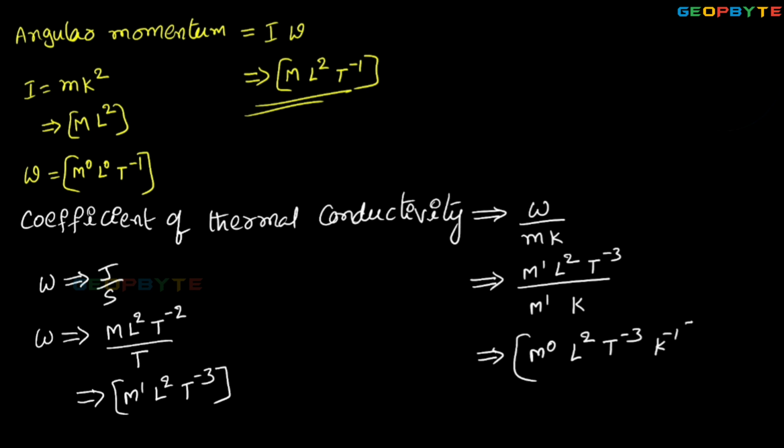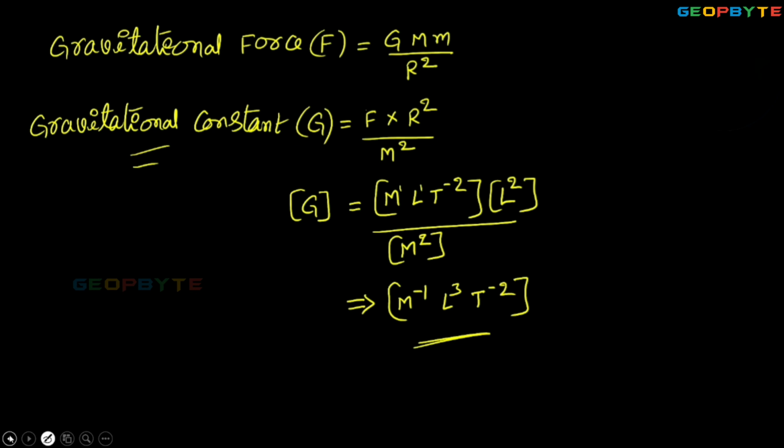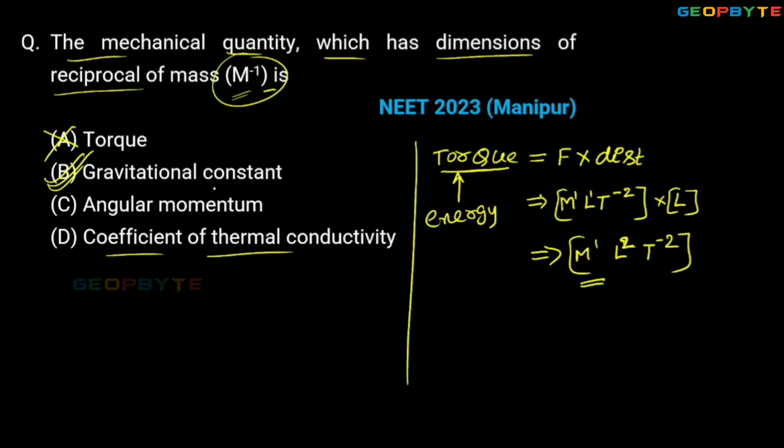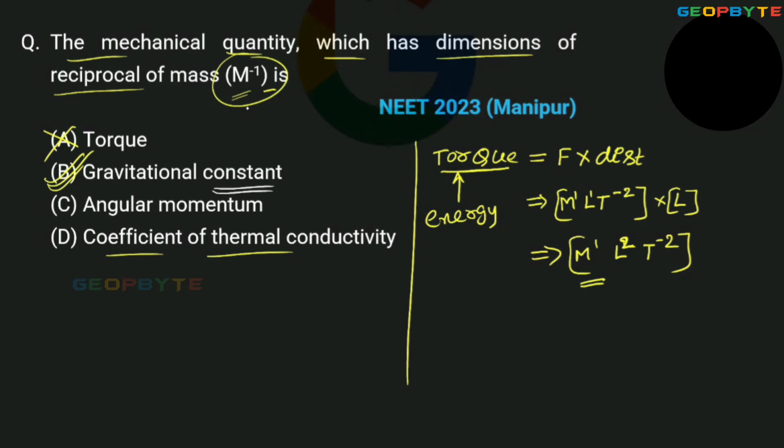This is the dimension for the coefficient of thermal conductivity. Anyhow, only the gravitational constant has the dimension reciprocal of the mass.